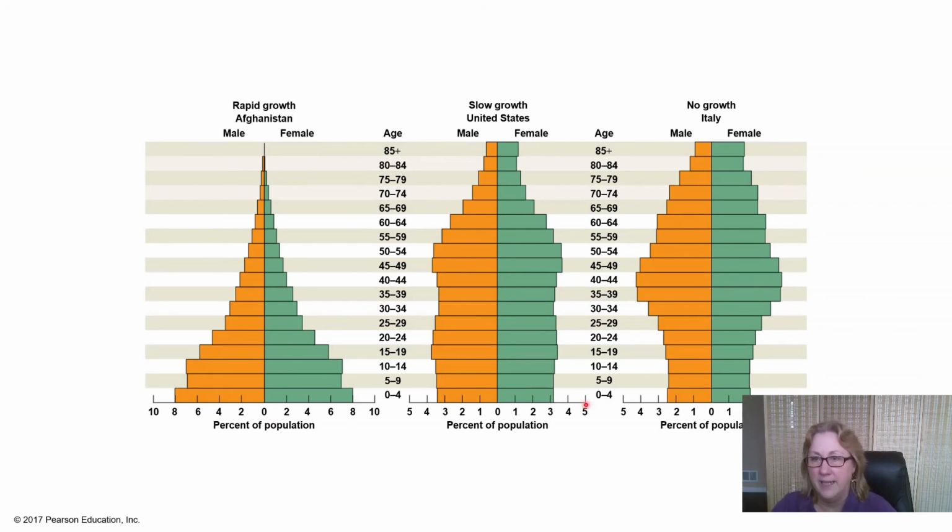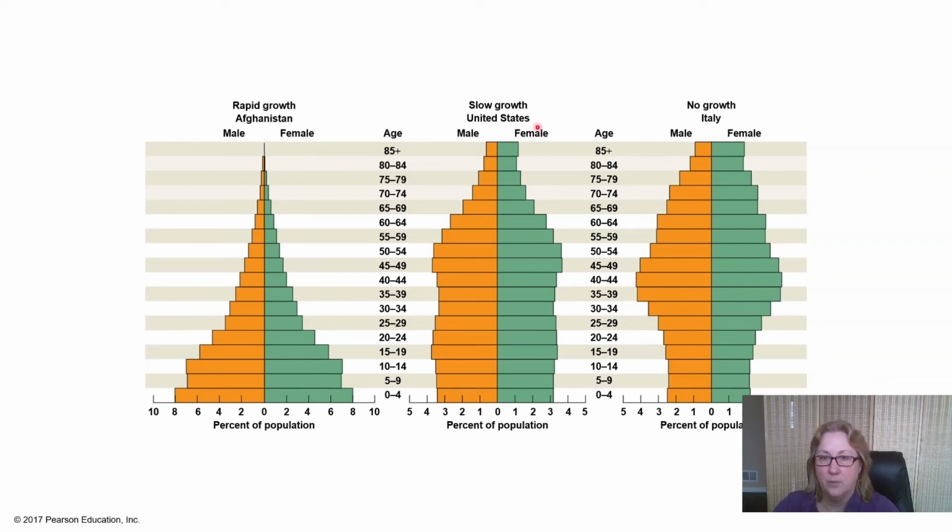Finally, after industrialization, the birth rate declines, so we have fewer kids, and life expectancy has also increased in the older ages, although not as much. Most of our increase in life expectancy is due to decreased infant mortality.